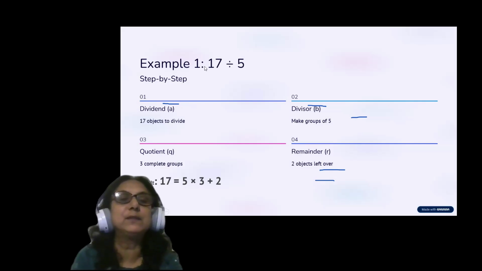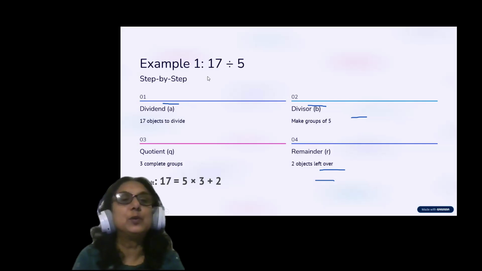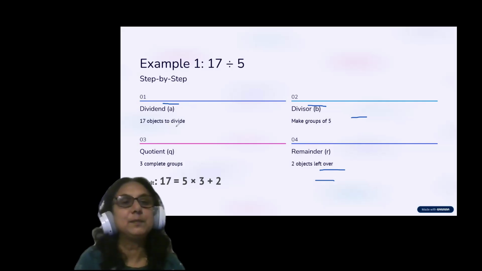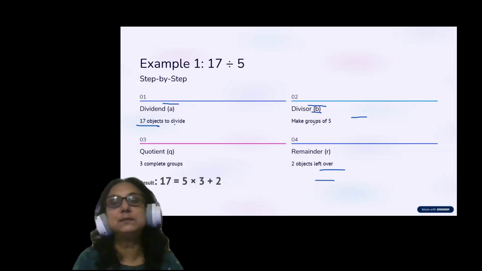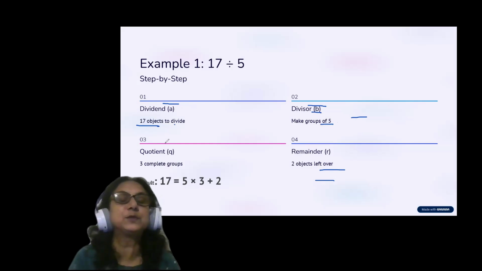Here we have one example, 17 divided by 5. How can we apply Euclid's division lemma? The dividend is A, so A is 17 and B is 5. For the quotient, we have to see how many complete groups we can make.